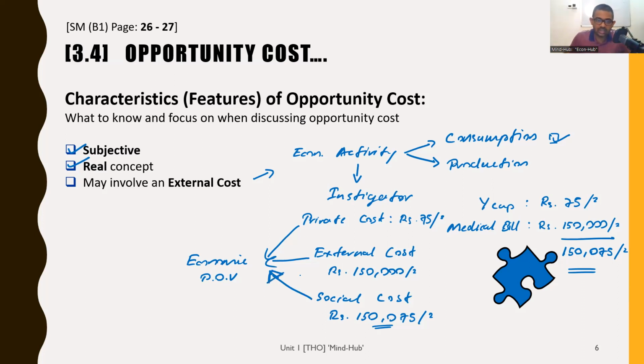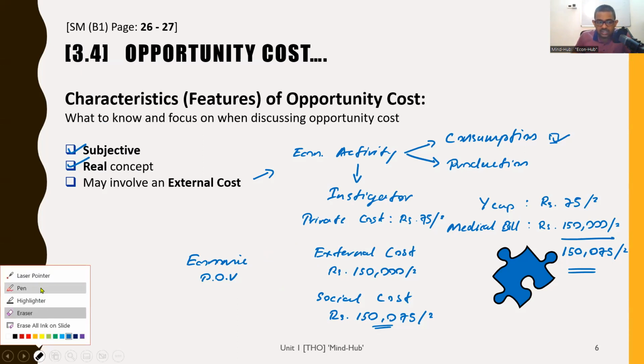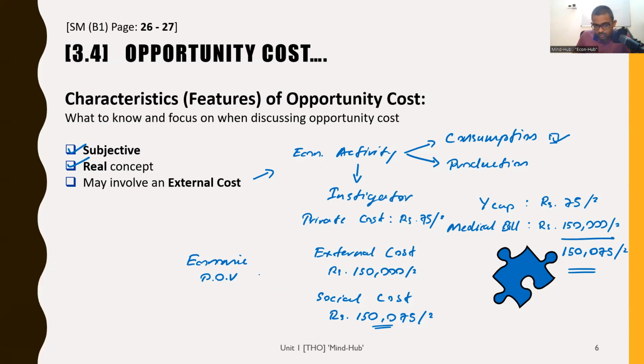In other words, our opportunity cost should consider the external cost. So in economics, we can't just look at the 75 rupees. We have to consider the 150,000, and realize that the actual cost to the society from this activity is the social cost, 150,075 rupees.